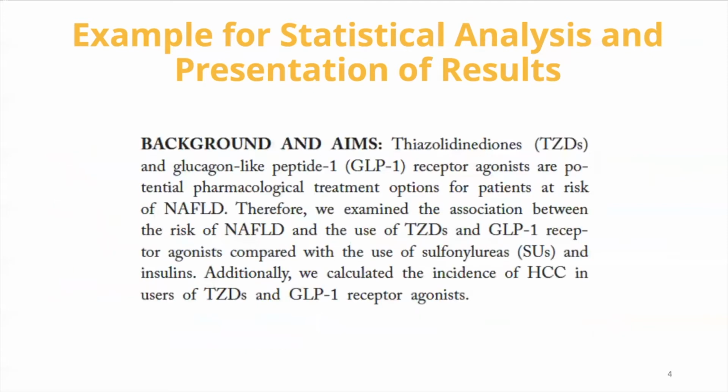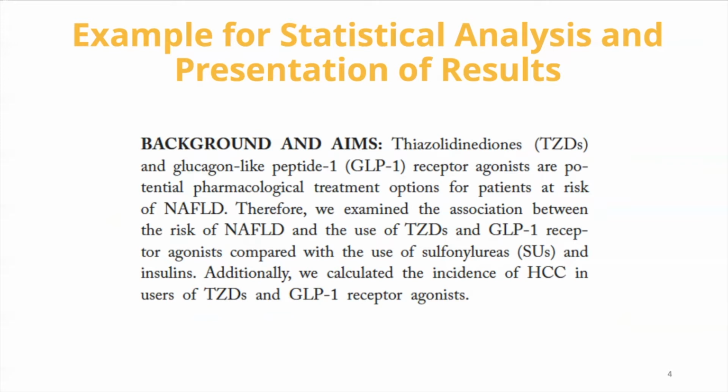So the background and aims of the study: the quick background was that TZDs and GLP-1s are potential pharmacological treatments for diabetes for patients at risk of non-alcoholic fatty liver disease. I'm just going to refer to this as liver disease for the remainder of the lecture.